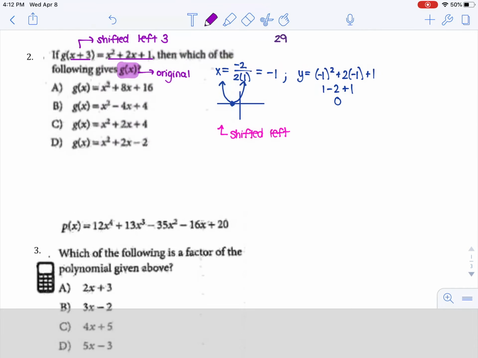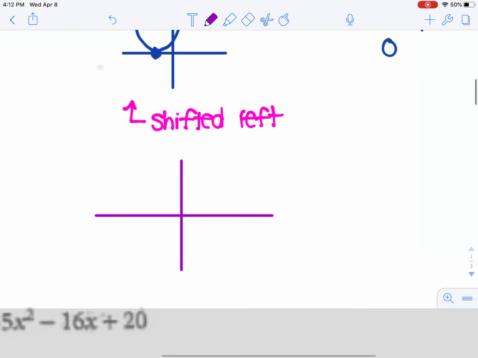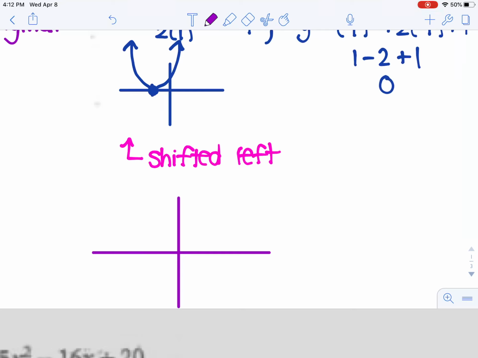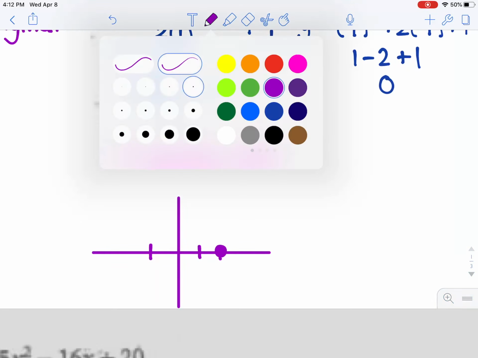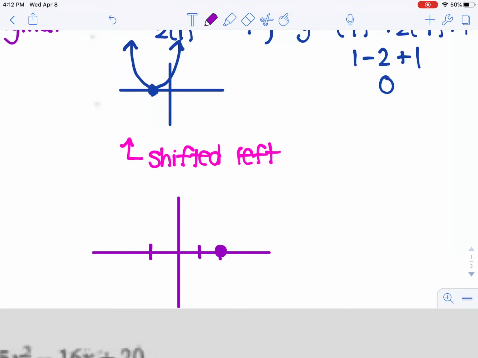So g of x should be in the original place. Since this one was shifted to the left 3, I'm going to go to the right 3 units and make that same graph. So here I went 1, 2, 3 units.